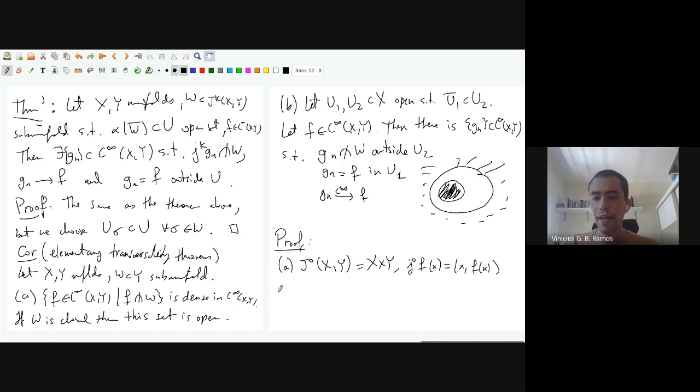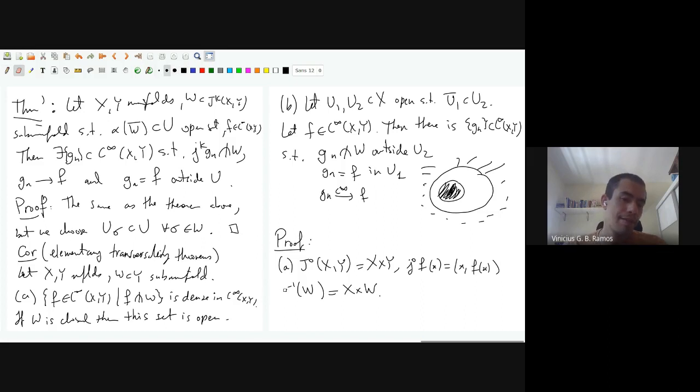So now if we have a W, which is a submanifold of Y, then you can look at beta inverse of W. This is the same beta as usual.